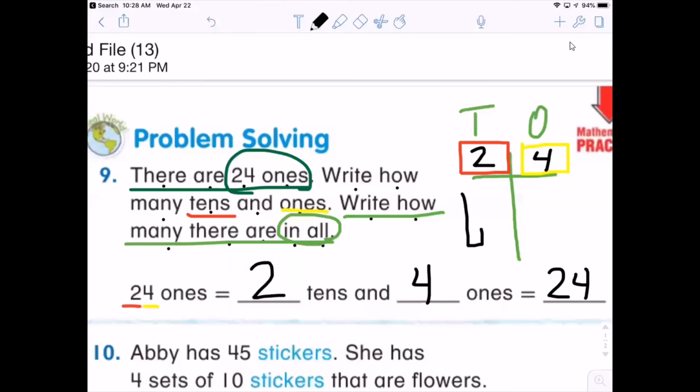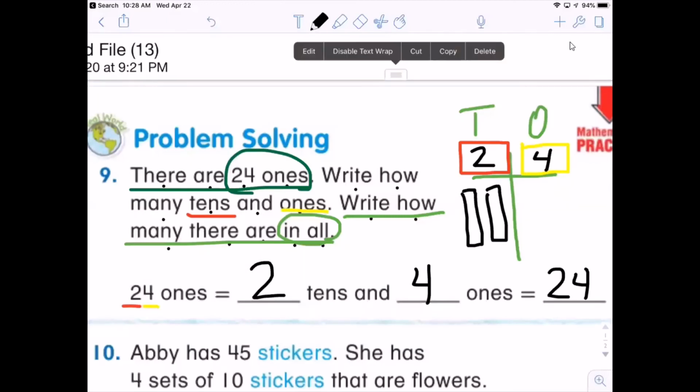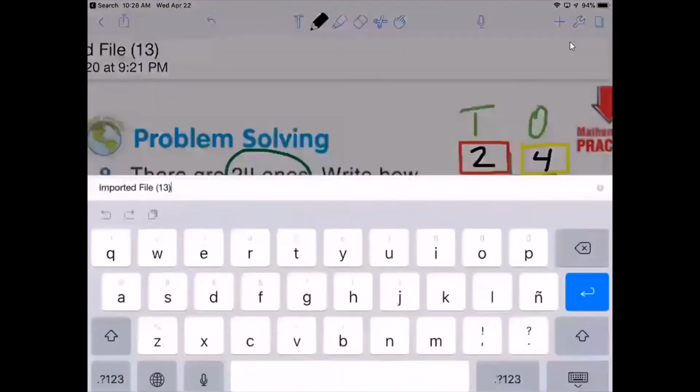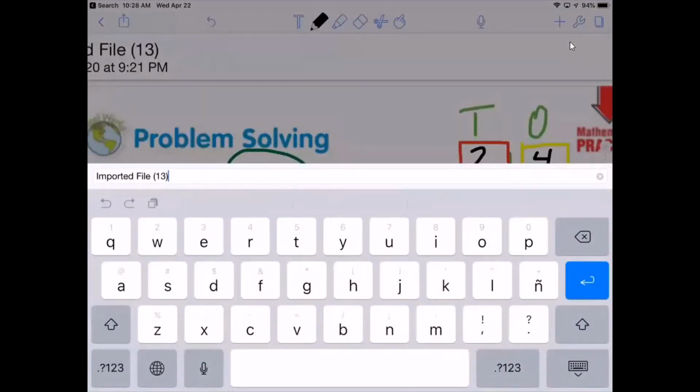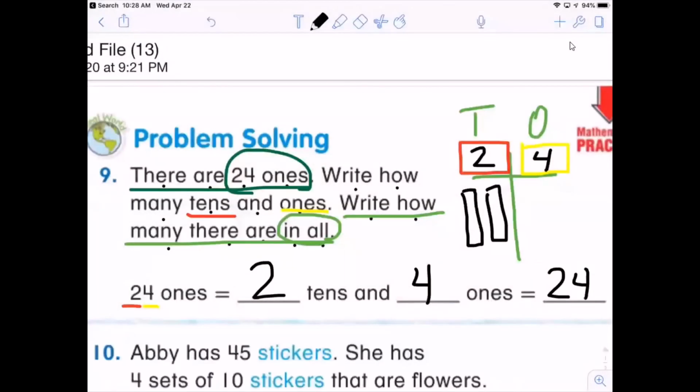I would have my 2 groups of 10 and my 4 ones.